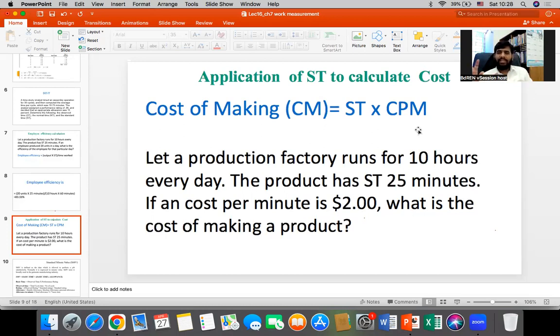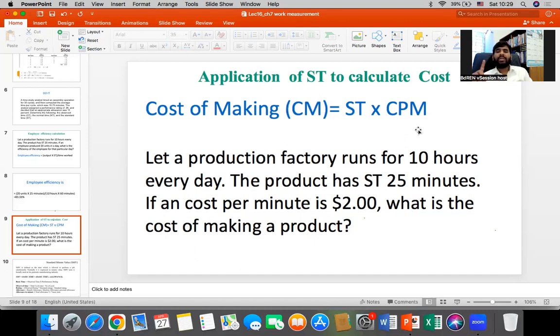So we are now learning the applications of standard time. First, we have calculated number of observations n. Then we have calculated observed time: sum of observations divided by n is the observed time.